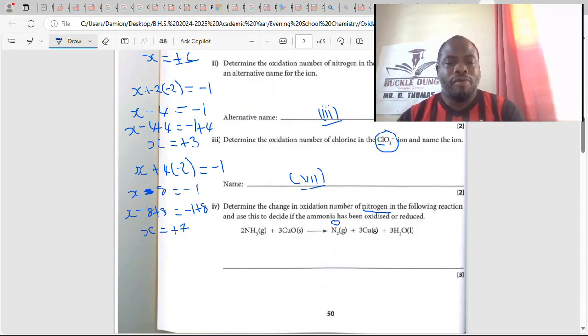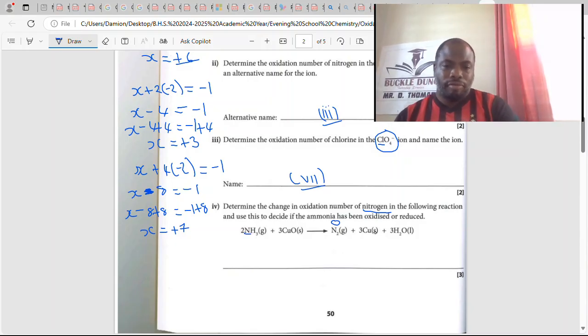What do we know about here? If we're looking for the nitrogen, what two rules can we use to help us deduce what it is for the nitrogen here?